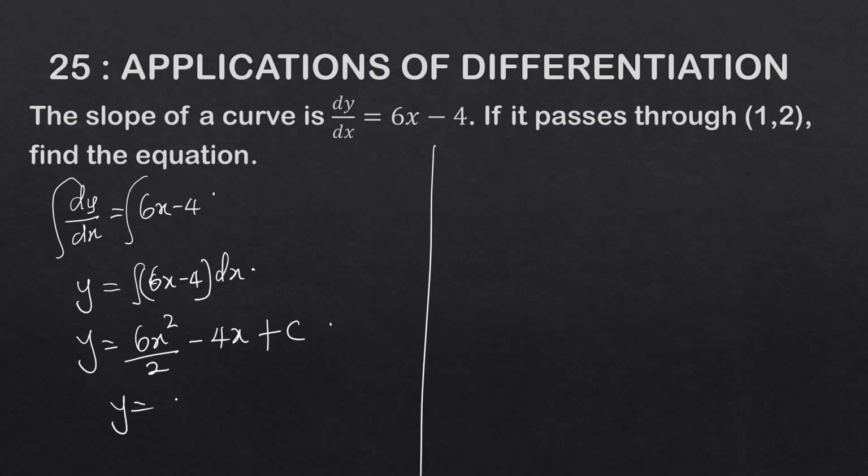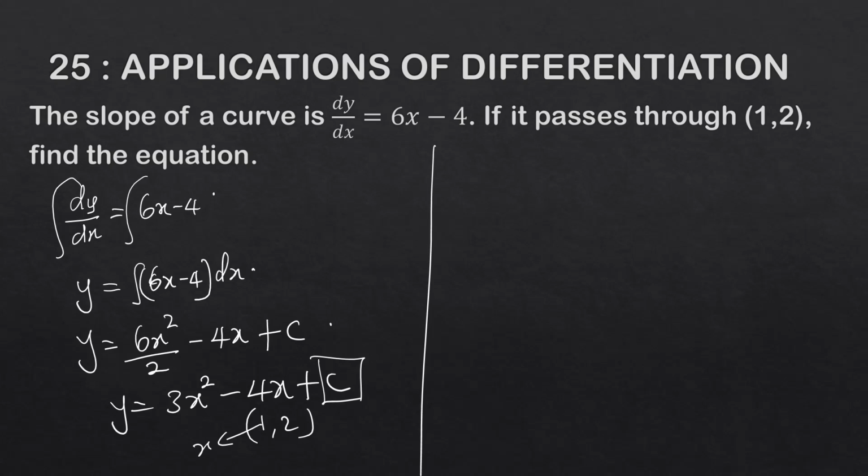So y is going to be equal to, I think this question, I'm not supposed to bring it here, but then no problem. So remember, it passes through the point (1, 2). So I'm going to substitute this value of x into this equation to find the value of c, which is the point it crosses the y-axis.